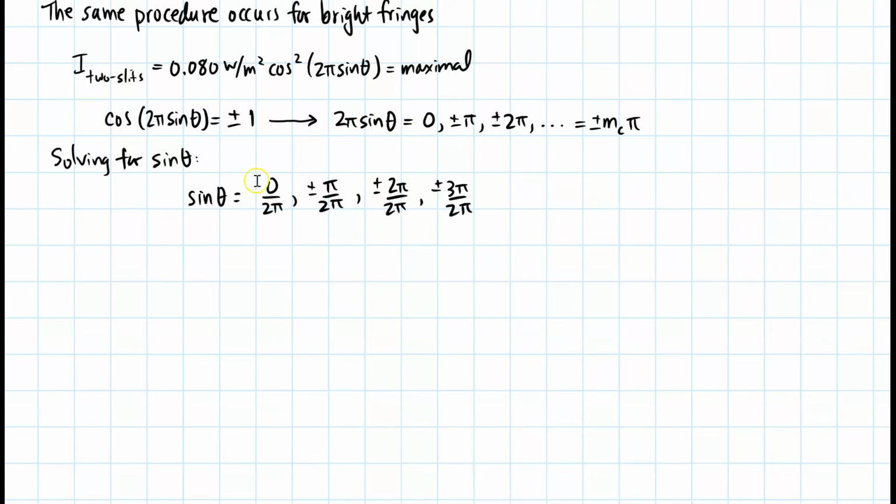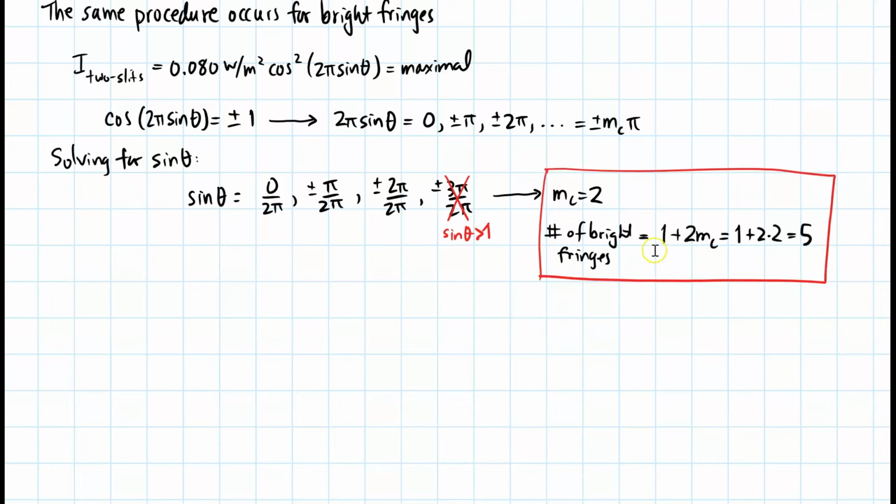Using this equation to solve for sine of theta, I get 0 over 2 pi, pi over 2 pi, 2 pi over 2 pi, 3 pi over 2 pi. And you could see here that this one exceeds sine of theta greater than 1. Therefore, MC must equal 2. So the number of bright fringes should be 1 plus 2MC, which gives you 5 bright fringes.